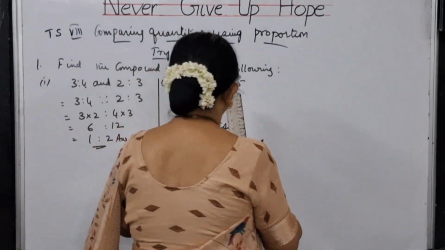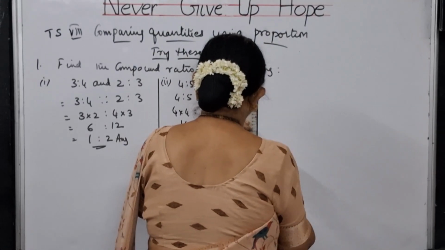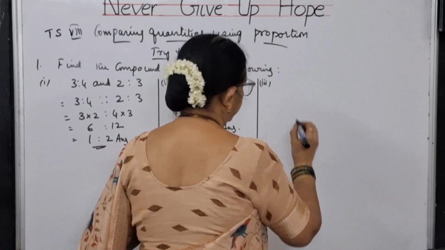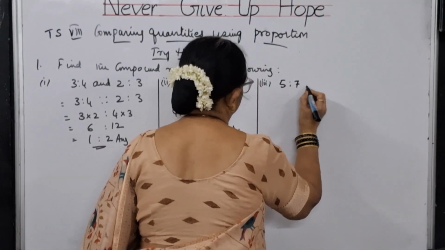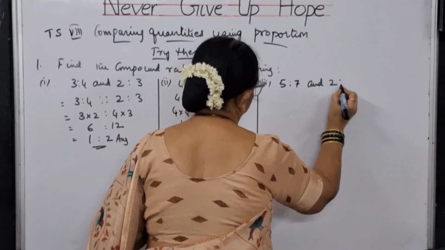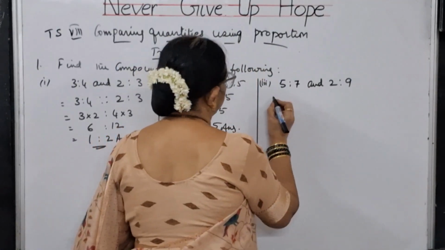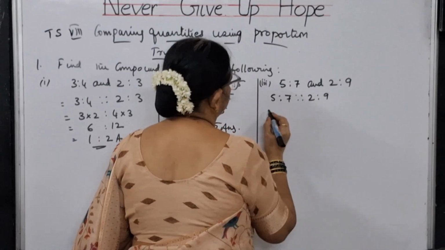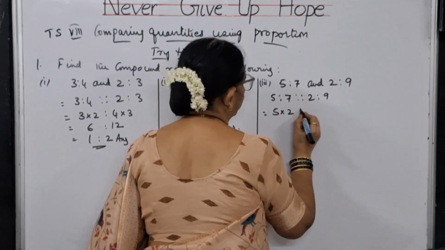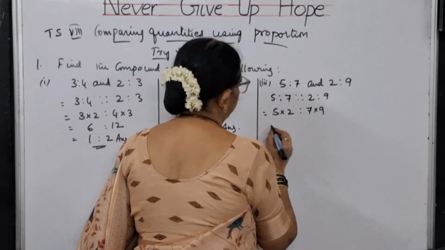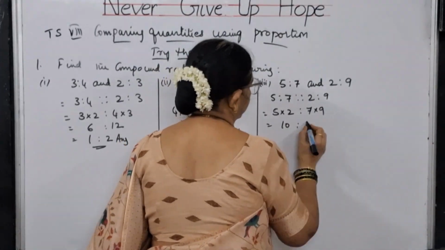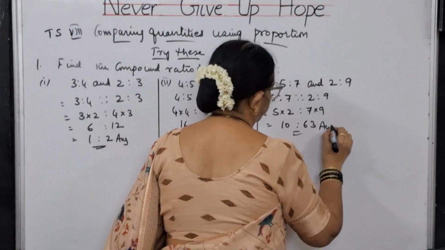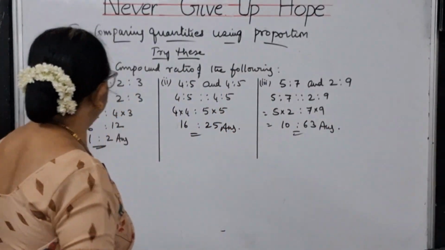Now let us see the third bit. Now the third bit is 5 is to 7 and 2 is to 9. So 5 is to 7 is as 2 is to 9. This is equal to 5 into 2 is to 7 into 9. That is 10 is to 63. This also you cannot simplify. It itself is the answer.